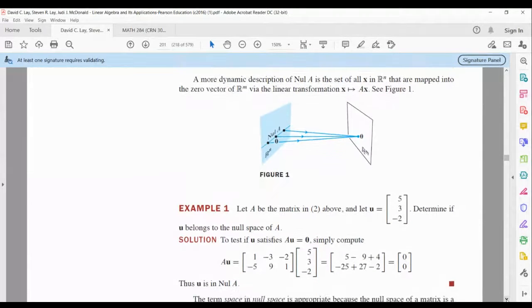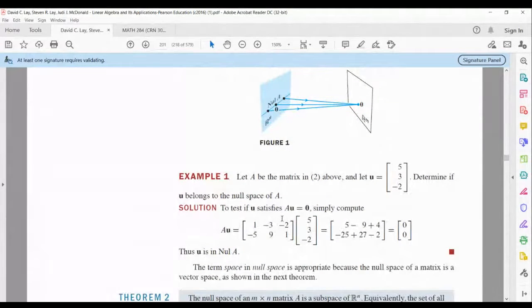They say let A be the matrix in 2 above. That's this 2 by 3 matrix here. And let the vector u equal this vector here. Determine if u belongs in the null space of A. Is u in the null space of A?